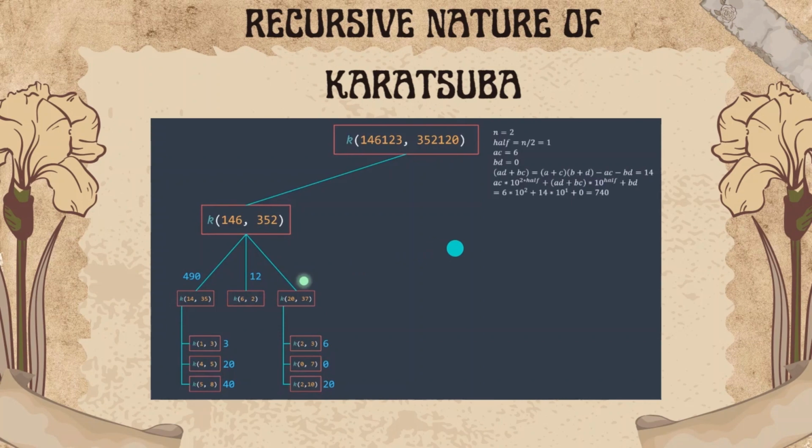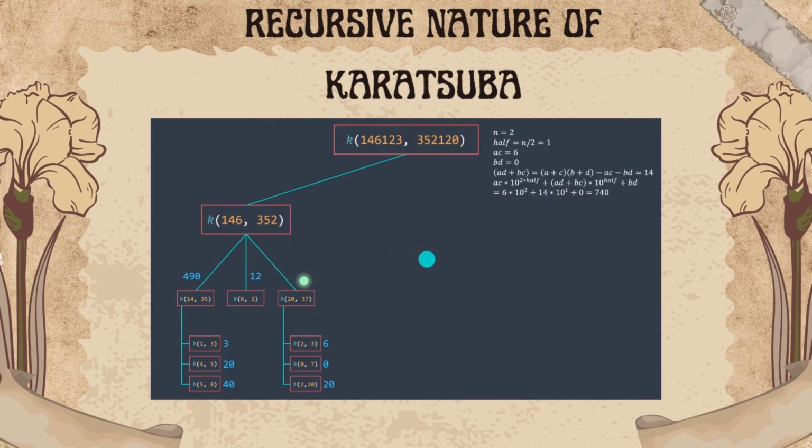At this point, I would like to bring to your notice that over here there's an n value also. The n value is always the size of the numbers that are being used in the function call, which is over here 2, since in k of 20 comma 37, 20 is 2 digit, 37 is 2 digit, so therefore we get n is equal to 2.